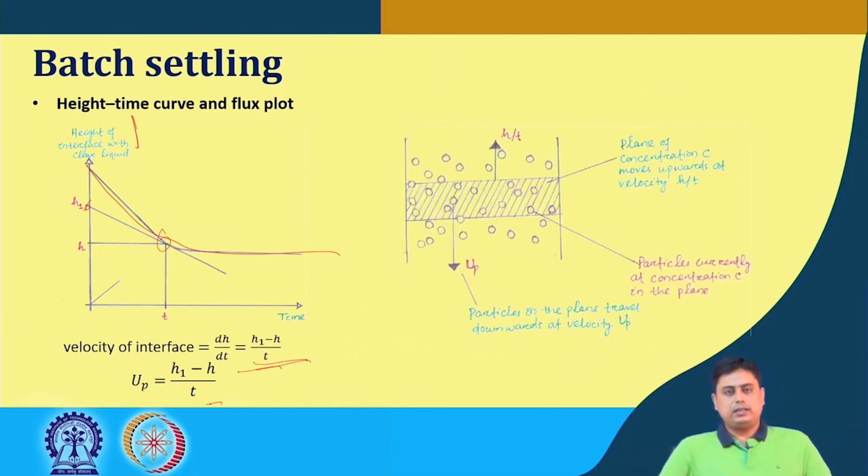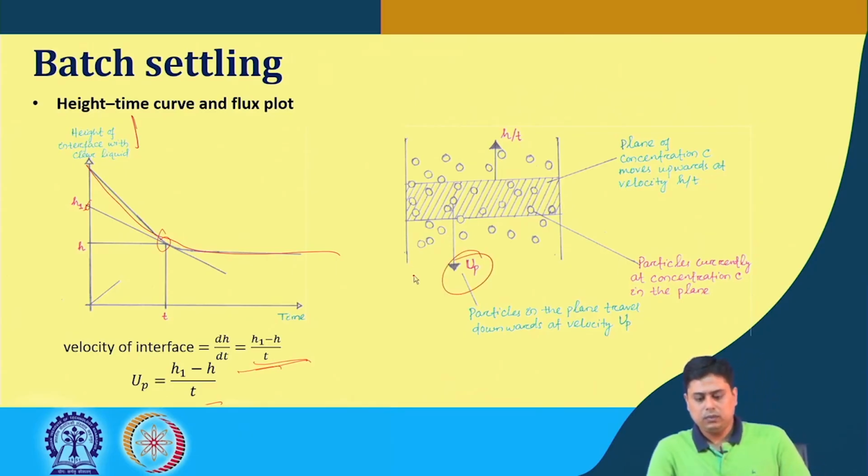Now, imagine a scenario where there is a portion of concentration C where there are some particles, and the particles on this plane are travelling downward with a velocity up. This is the interface that is settling, coming downward.